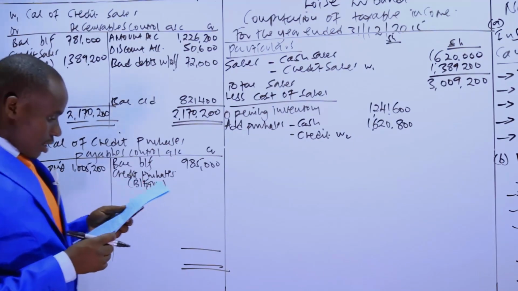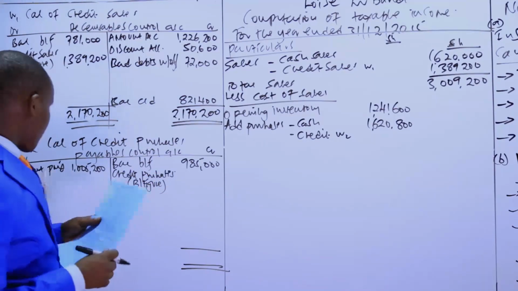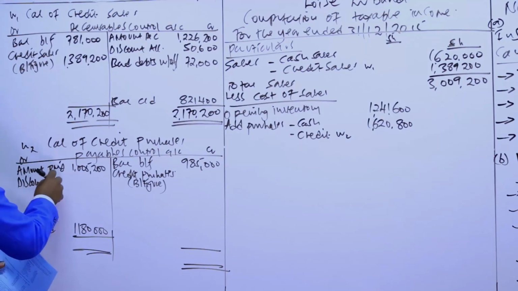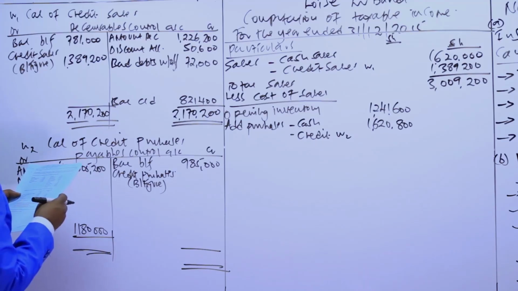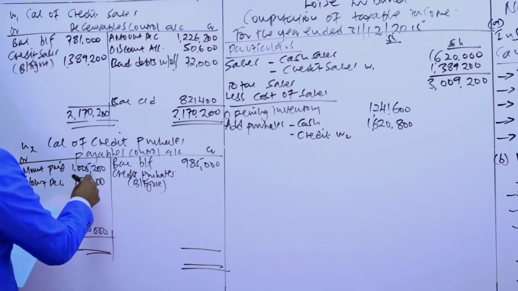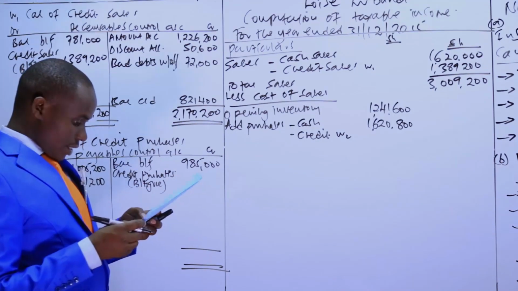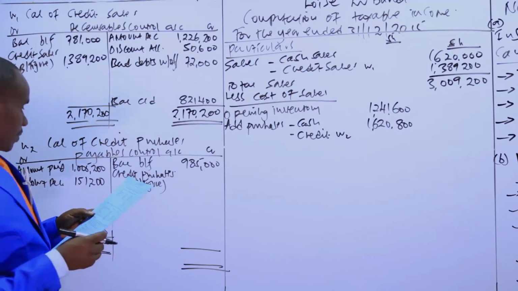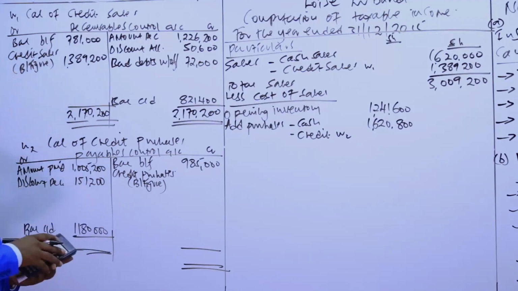Then we have note number 1, discount received from the creditors, which is 151,200. We do not have any other item that affects the creditors, so we balance out the account and we get the credit purchases.